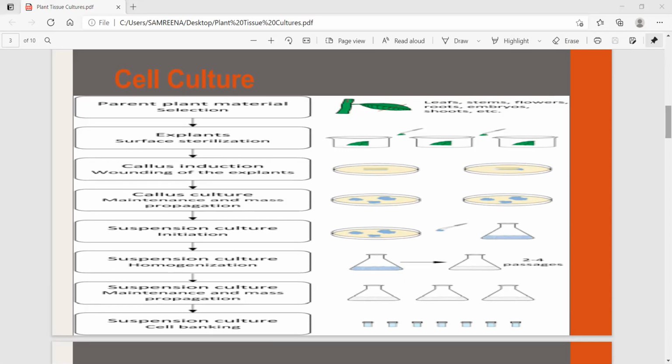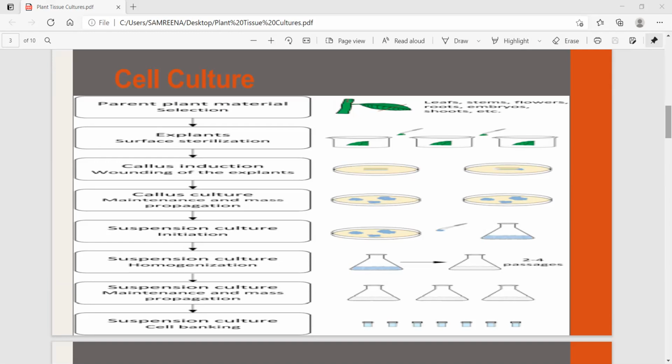either by taking callus, which is already developed in the laboratory. We can cut this callus first, then place it into the liquid medium on an agitator. Due to this agitation, the small lumps of callus are broken down into single cells.